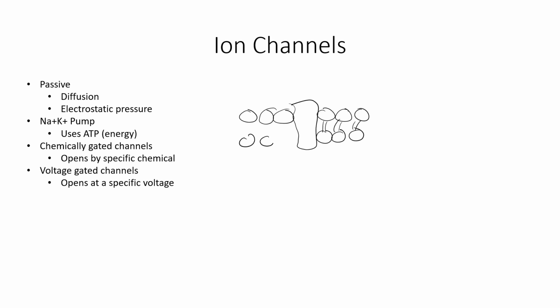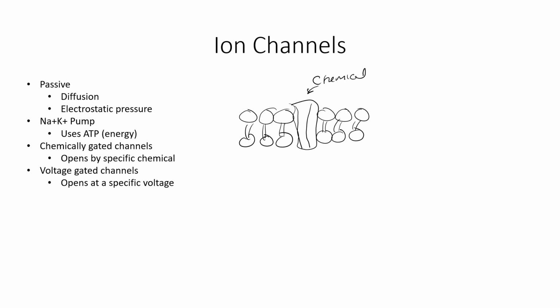Kind of shortcut it a little bit here. So this particular channel, we're going to say is a chemically gated channel. A chemically gated channel is only going to open when the particular chemical is present.